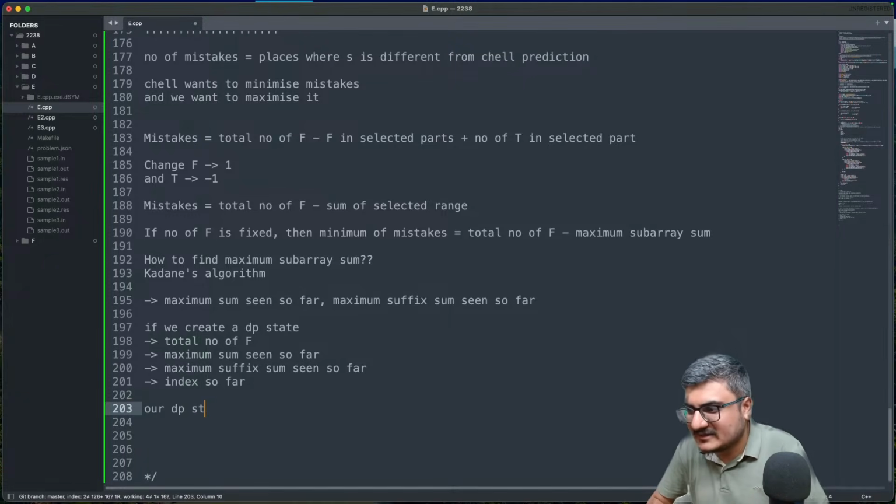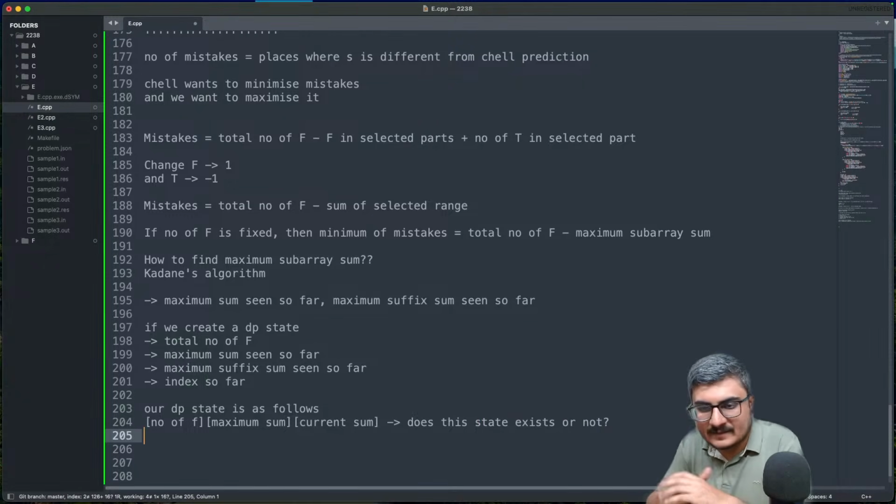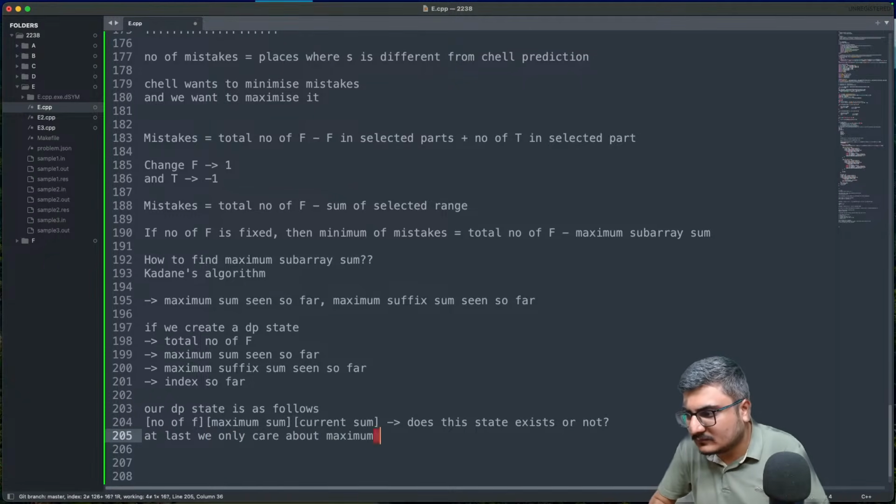Our DP state is as follows: number of f, maximum sum and current sum, and does this state exist or not? And at last, number of.